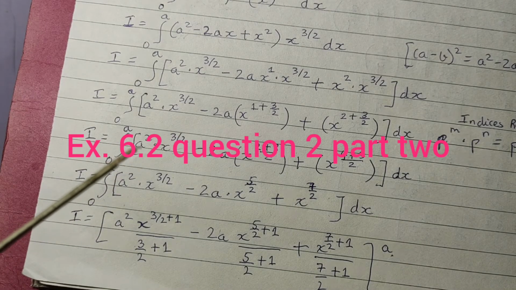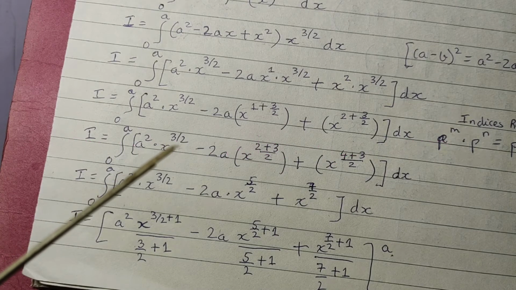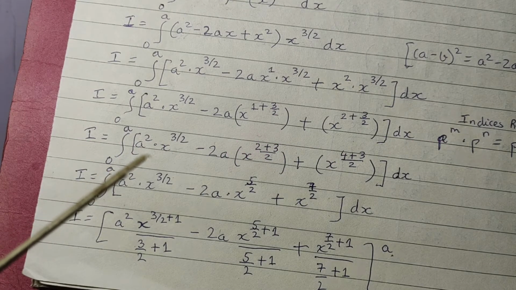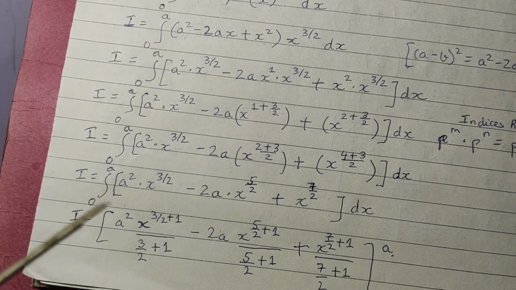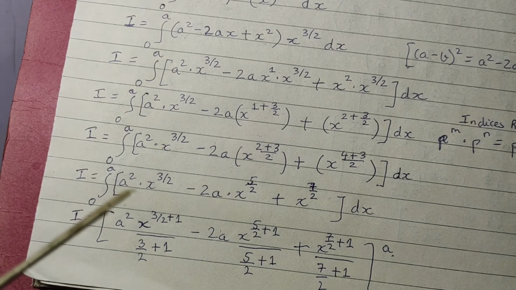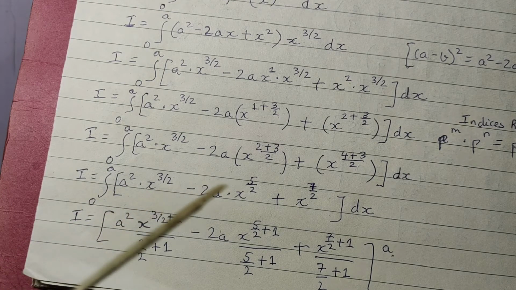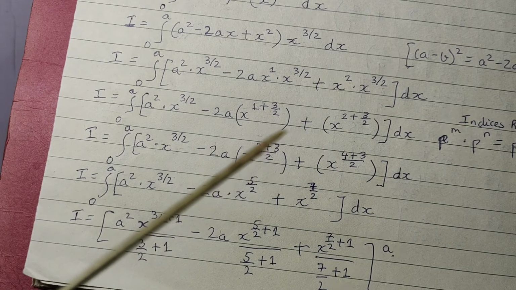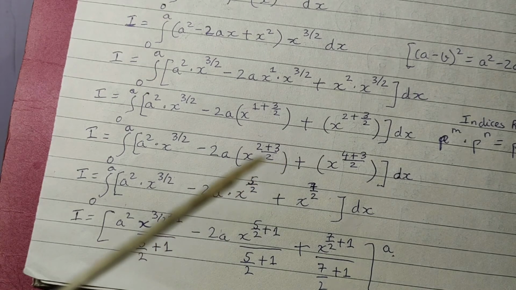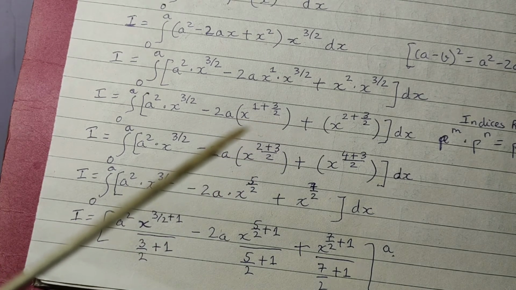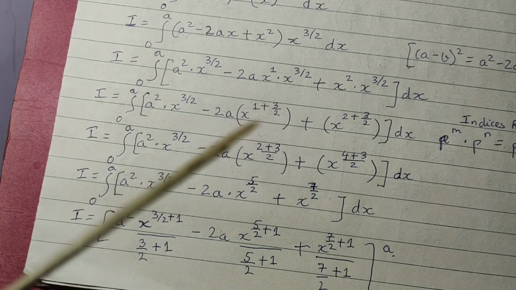So these two terms will not get added because they don't have a common base. We bring this term down as it is. So I, the integral from 0 to a, bracket open, a square into x raised to 3 by 2. These two terms get added because of the indices rule, which states that when two terms have a common base, their indices get added.